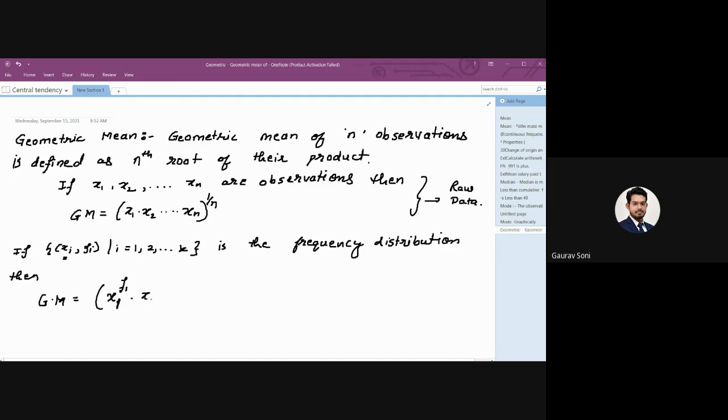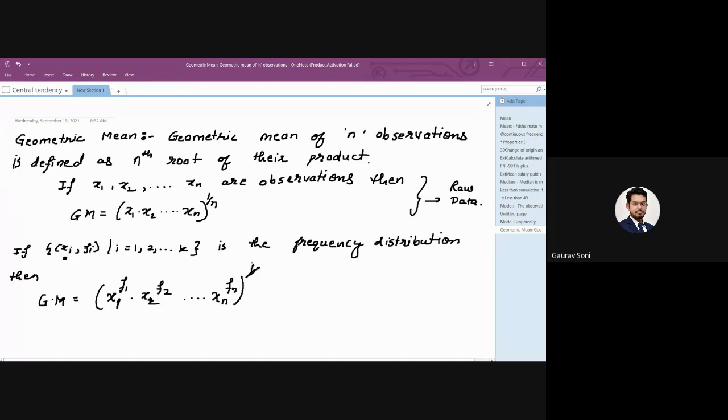Similarly, x2 raised to f2, dot, xn raised to fn. Oh, sorry, this is xk raised to fk. And it is 1 upon the number of observations.